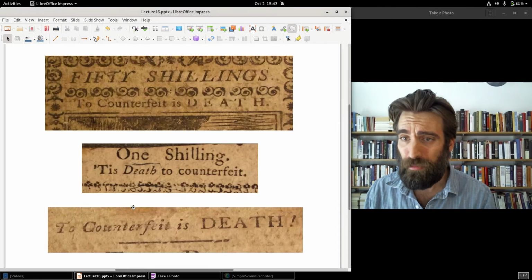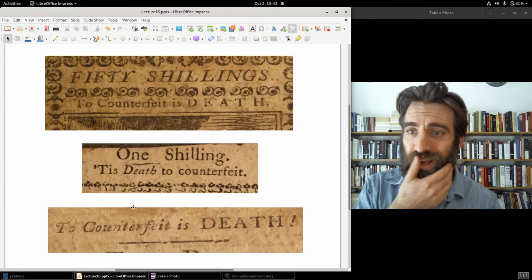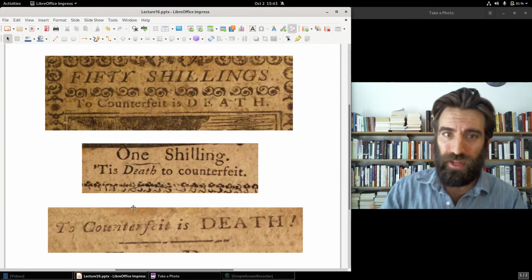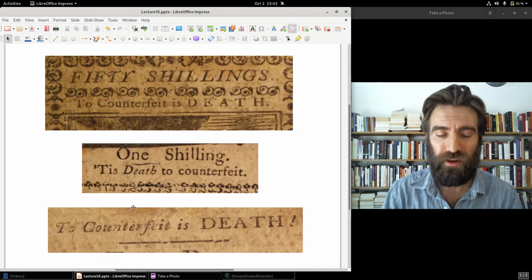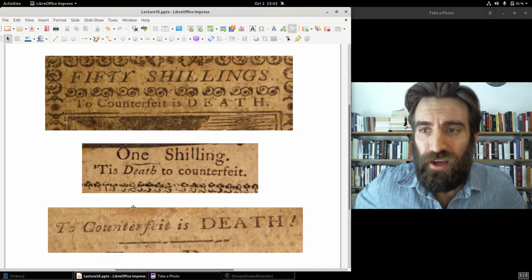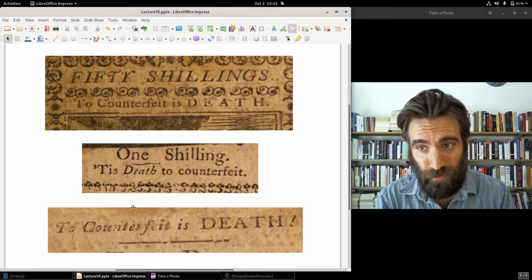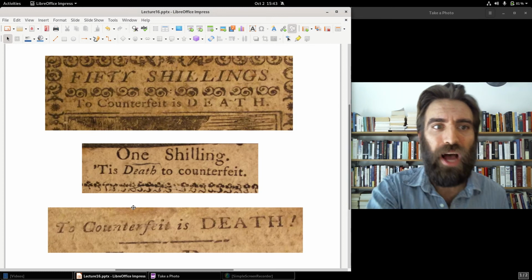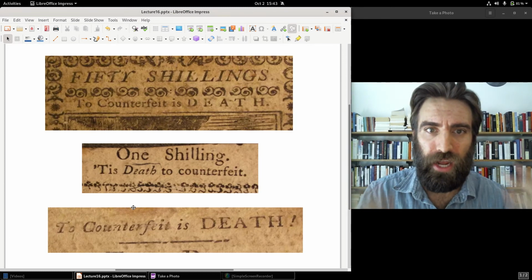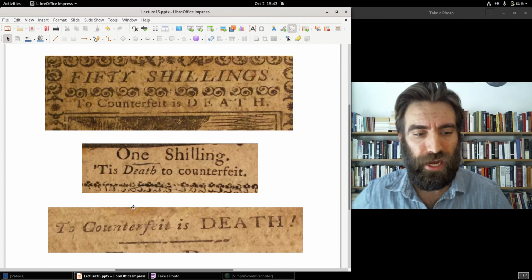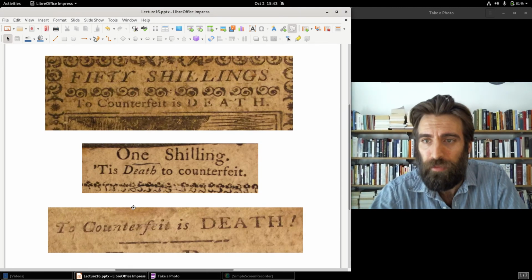And then there was the problem of counterfeiting. You had counterfeiters out there who had their own plates and printing presses, and that's why on many of these notes, you may have already noticed, they said, "To counterfeit is death." It was a capital crime in many colonies.